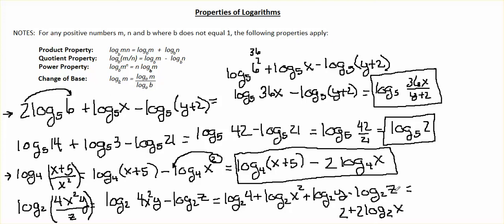Plus a log base 2 of y, minus a log base 2 of z. And all of these have a single variable inside, nothing we can do. No multiplication, no division, and no exponents. We dealt with all of that. So we are done. That is our answer.